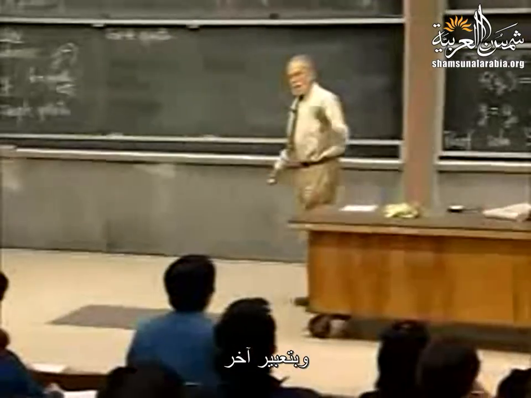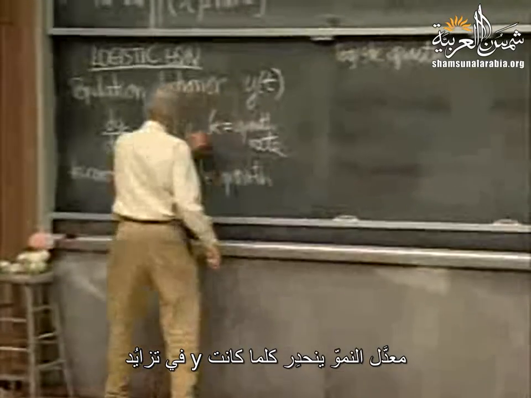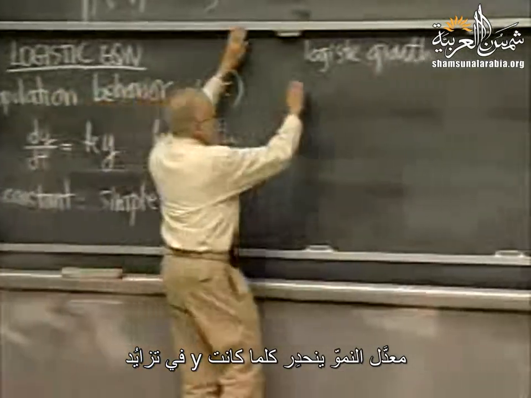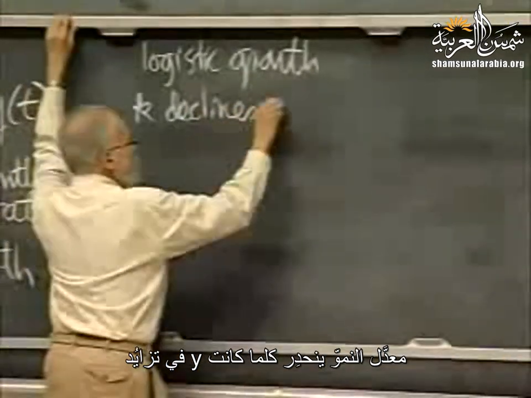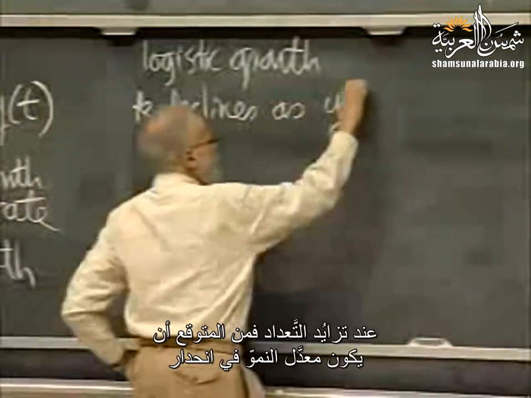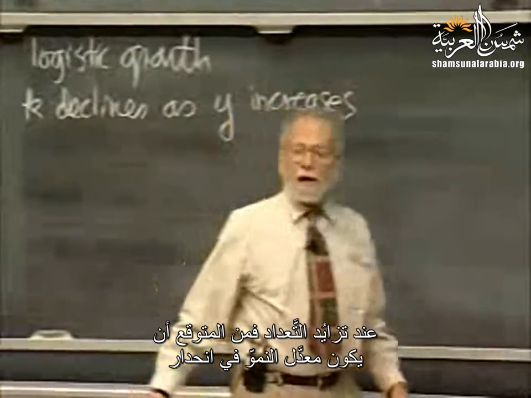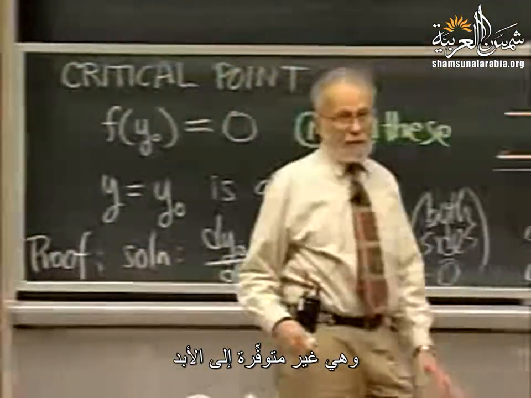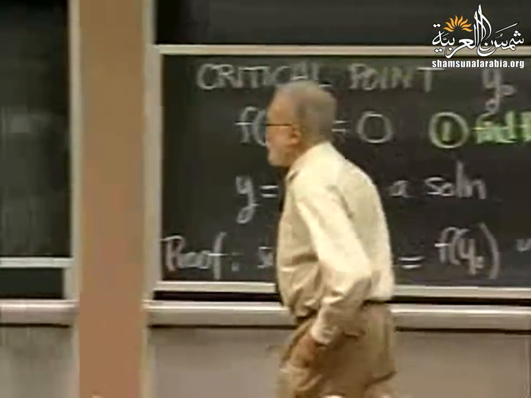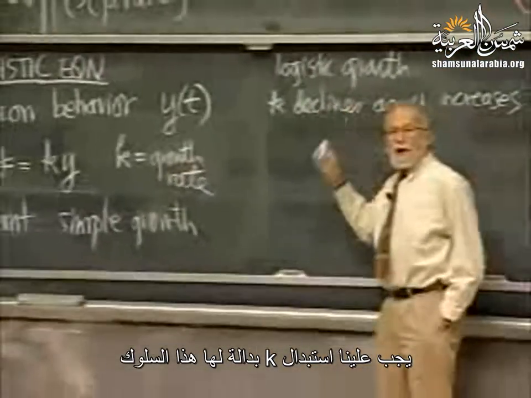In other words, the growth rate declines as y increases. As the population increases, one expects the growth rate to decline because resources are being used up and are not indefinitely available. So we should replace k by a function with this behavior.